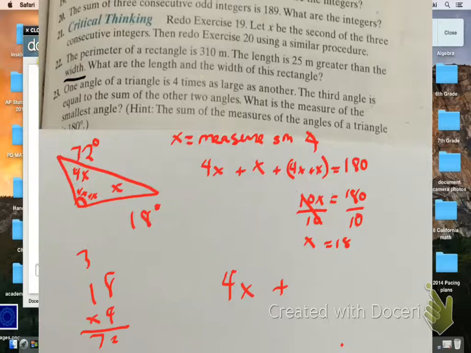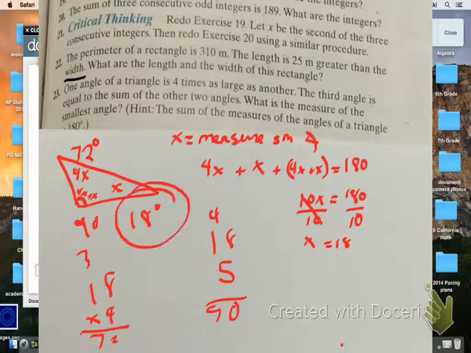Oops, so that would be 5x, so 5 times 18 is 90 degrees. All right, so we've got 72, 90, and 18 are the measure of each of the angles. So they want the measure of the smallest, so I really could have stopped there. x is the measure of the smallest. I would take it back to the story.